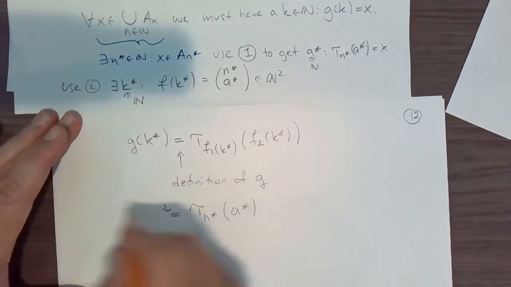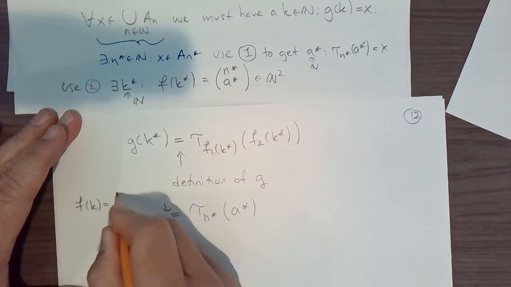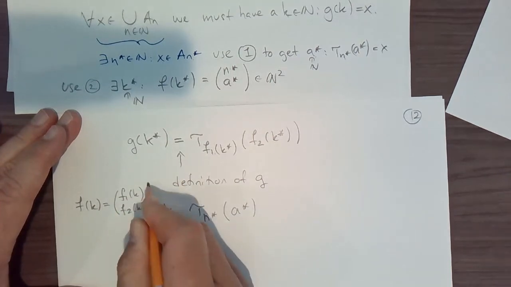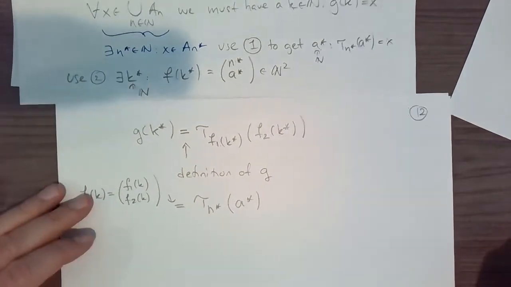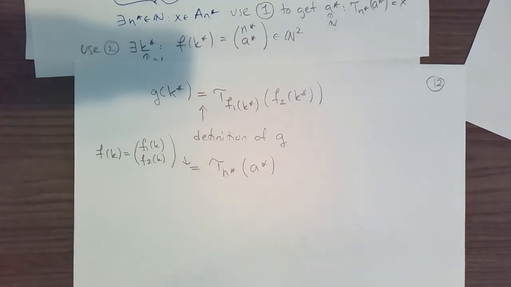So what we're using here is nothing else, we're just saying that F evaluated at point K is simply written as F1 of K, F2 of K. Just as if you would have a function that would take values in R3, then you'll be able to write the values that it takes as a three-dimensional vector.